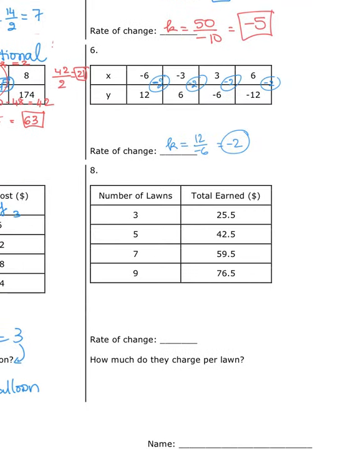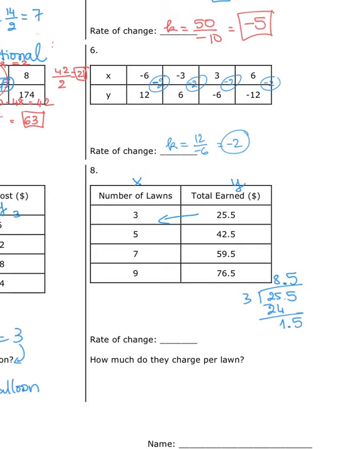Number 8, number of lawns and the money that you earn. So the money that you make will depend on the number of lawns you mow. Okay, so rate of change will be, what is 25.5 divided by 3? Will be 8, 24, carry the decimal, so 8.5.